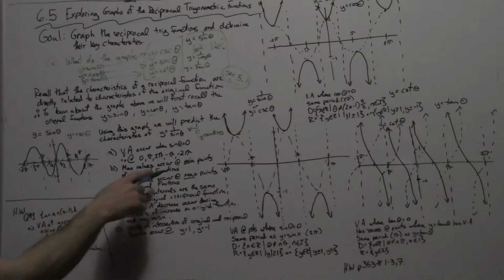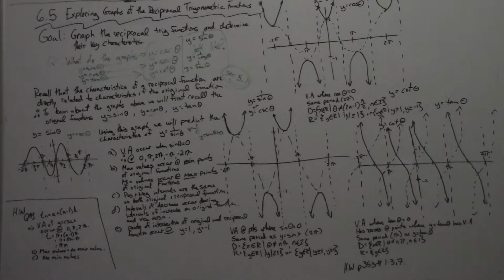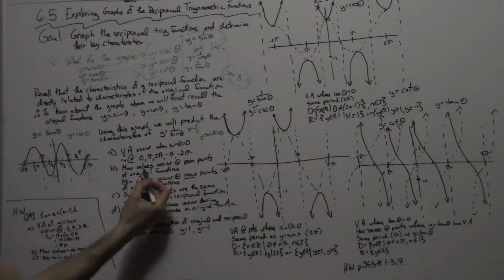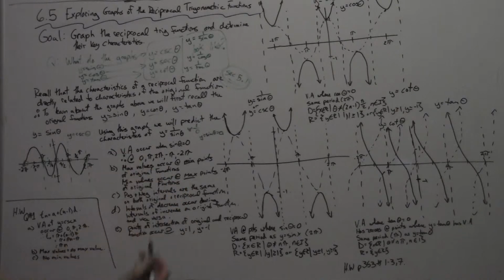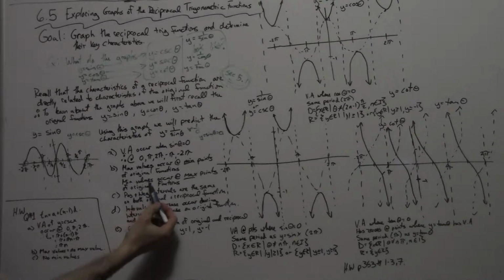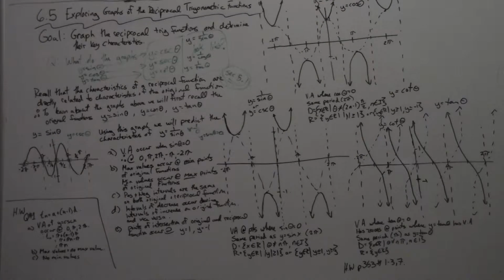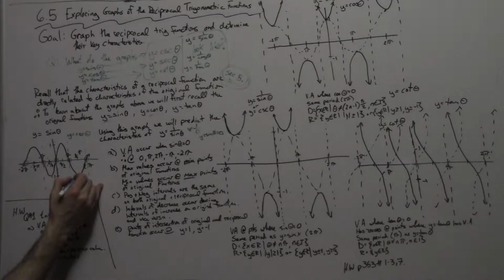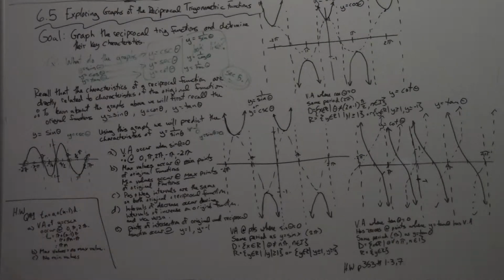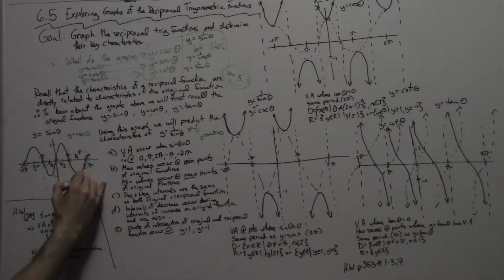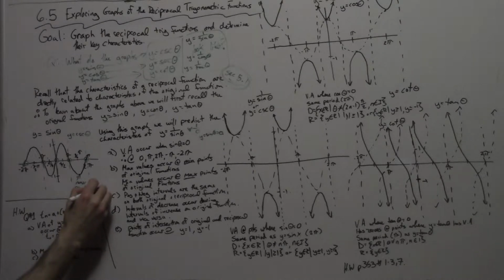The next thing we want to look at is, when do the max values occur? As we learned in 5.1, the max values of the reciprocal function occur when the minimum values occur on the original function, and vice versa. The minimum values occur when the max values occur on the original function. So this point here, which is a minimum value on the original function, is going to be a maximum value on 1 over sine theta, or the cosecant theta function.